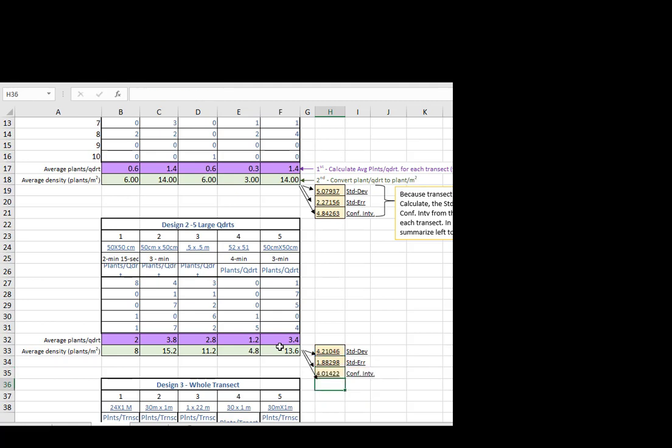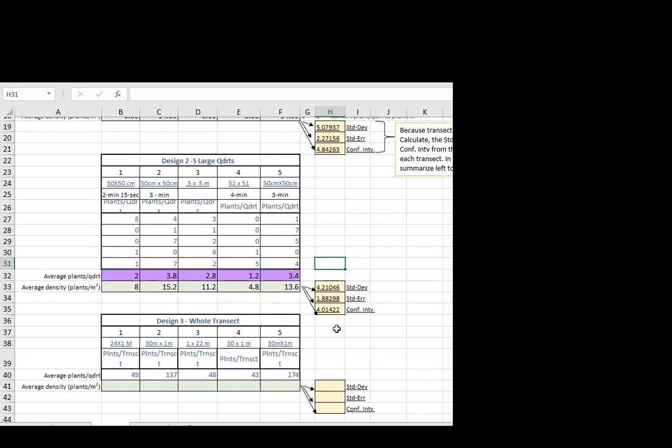So there we go. The confidence interval width for the second design is 4.01, right? So it is smaller than my original design, even though I have fewer plots here that I sampled over. The confidence interval itself is smaller because the plots themselves are larger, right?